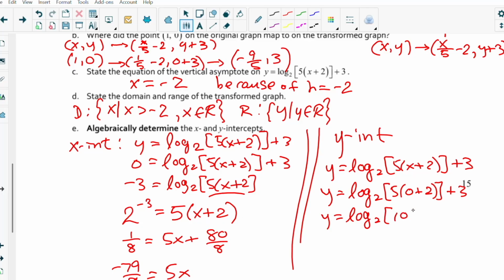So that's 10 in the brackets here plus 3. I'm not going to get an exact value, so let's use the calculator and calculate log base 2 of 10, and then add 3 to that. To the nearest thousandth, 6.322. So that's your y-intercept.